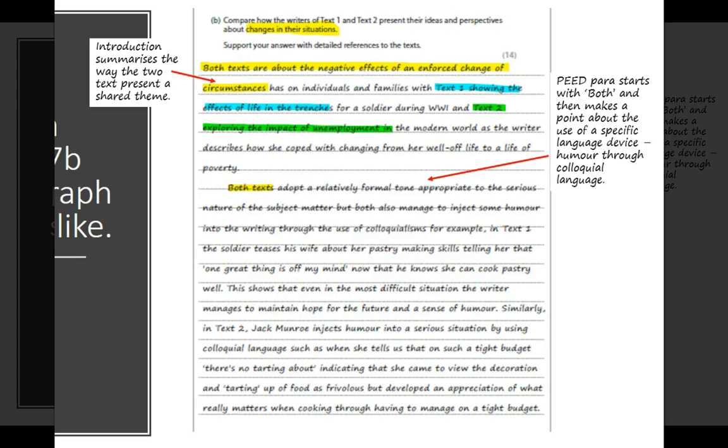The reason for doing this is that that signals to the examiner that you are comparing, you are considering both of these texts. And we're making a point here about a very specific language device. So we're writing about the tone, we're writing about humour, and we're suggesting that that's created through the use of colloquialisms.